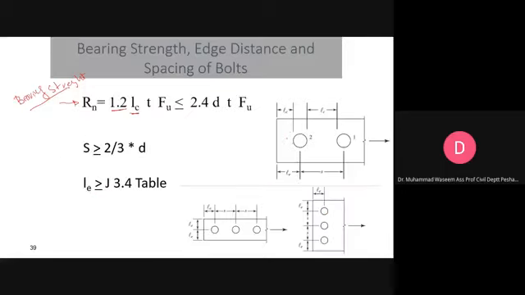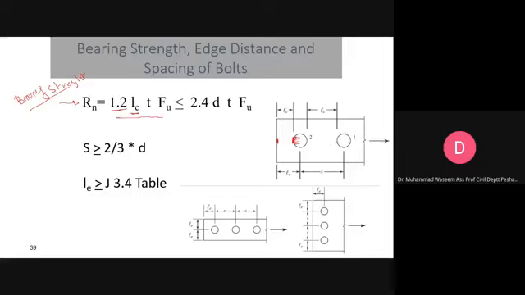LC, what is LC? LC is the distance from the edge of the plate to the edge of the hole. You have to evaluate the bearing pressure exerted by this fastener, so you can evaluate it using this formulation.